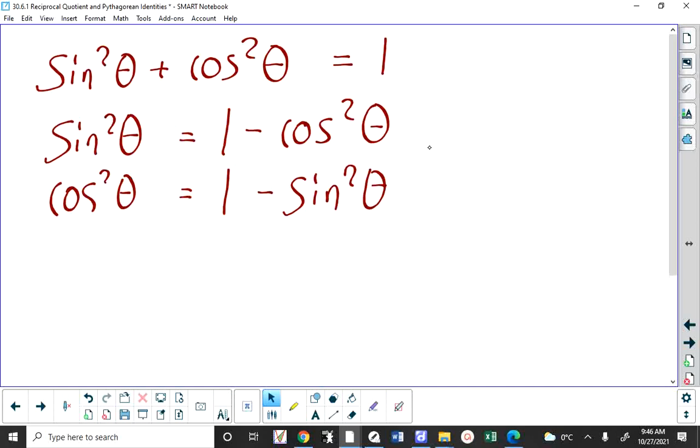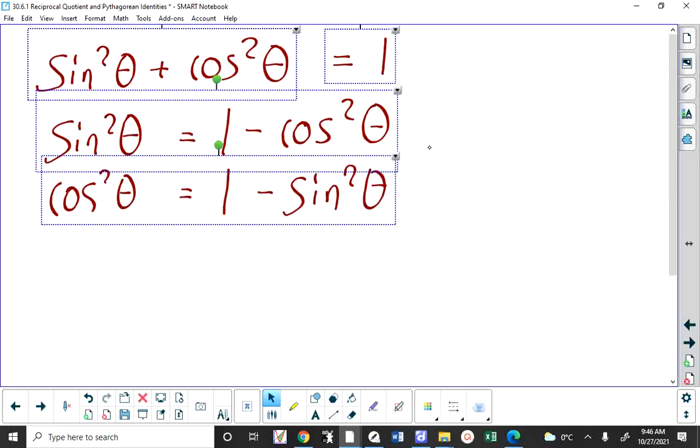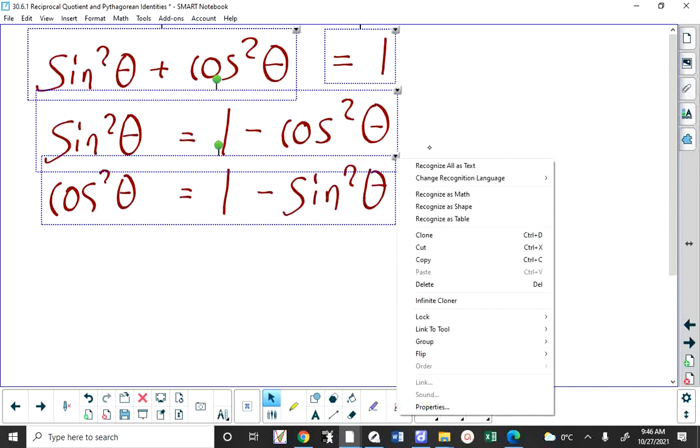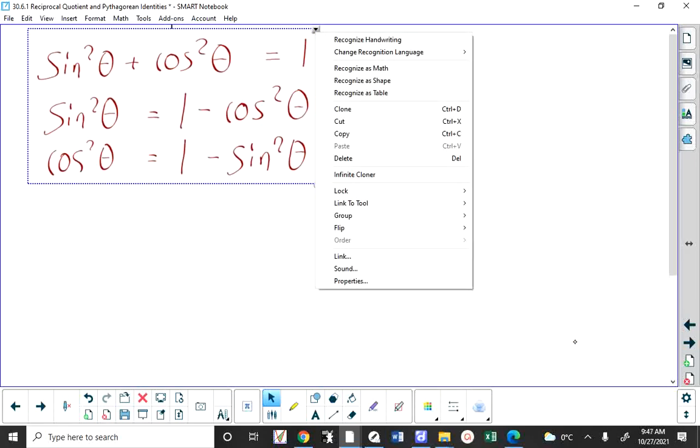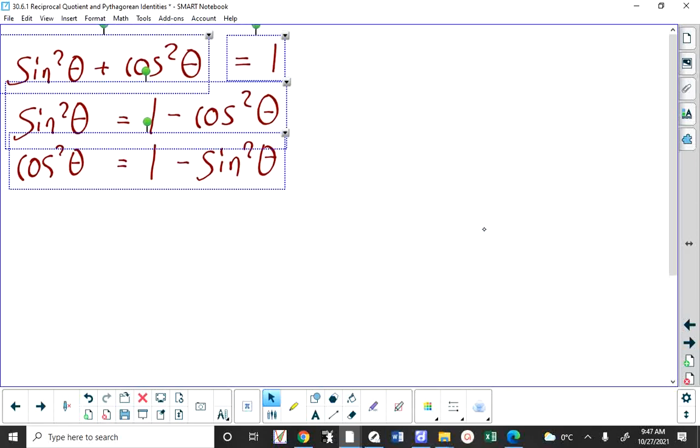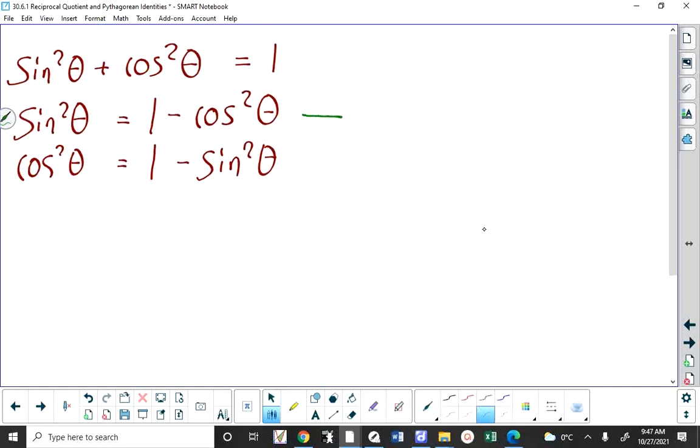If sine squared of theta is 1 minus cos squared of theta, then cos squared of theta minus 1 is negative sine squared of theta.